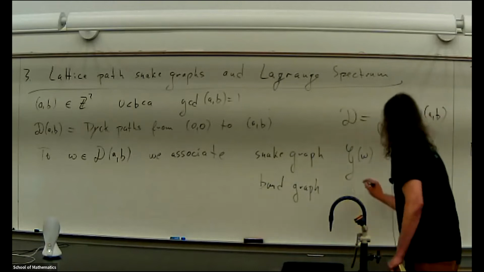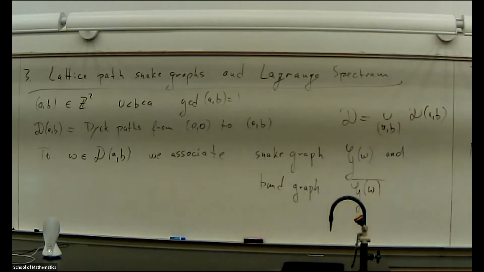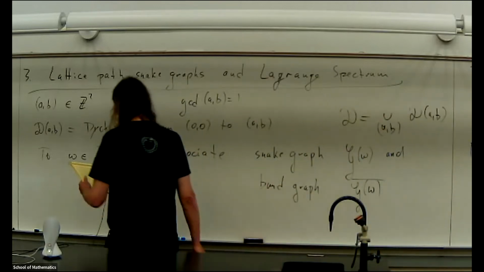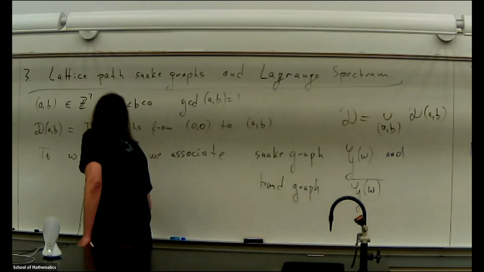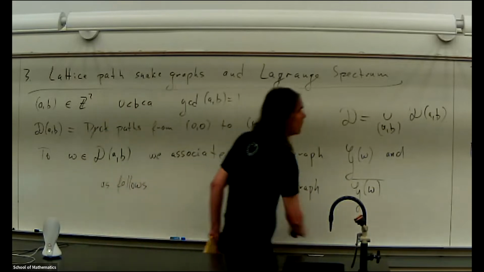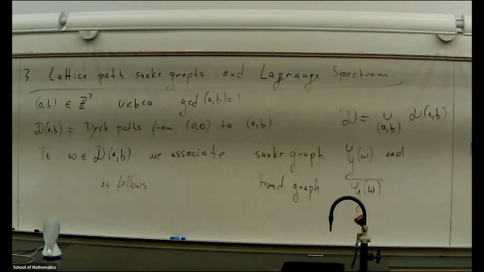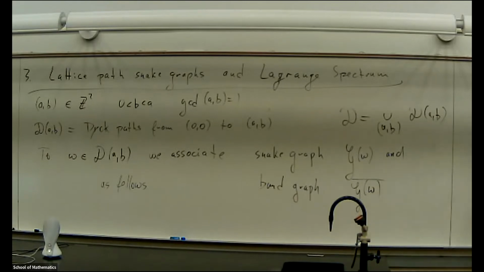And the band graph I'll write with a bar now, because I think of it as a periodic continued fraction. And well, as follows. I will show you an example, and that should make it clear.